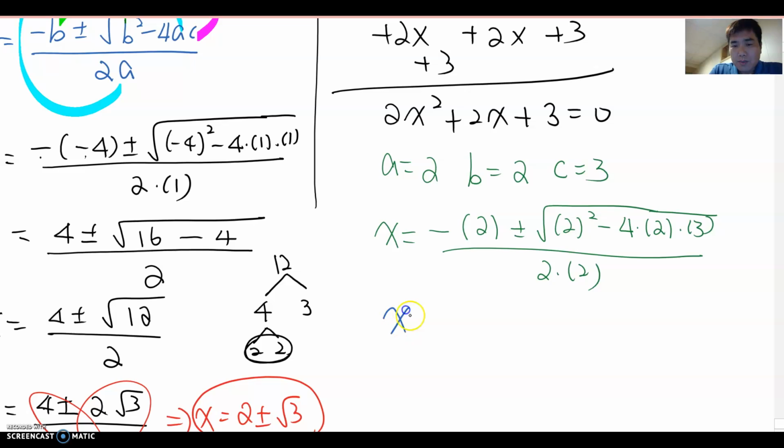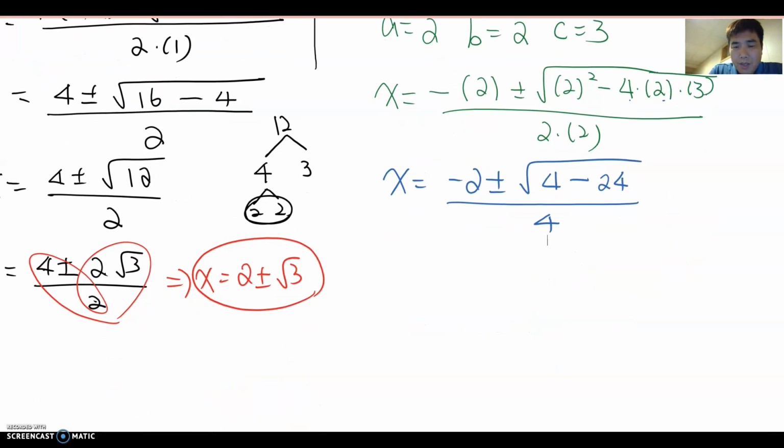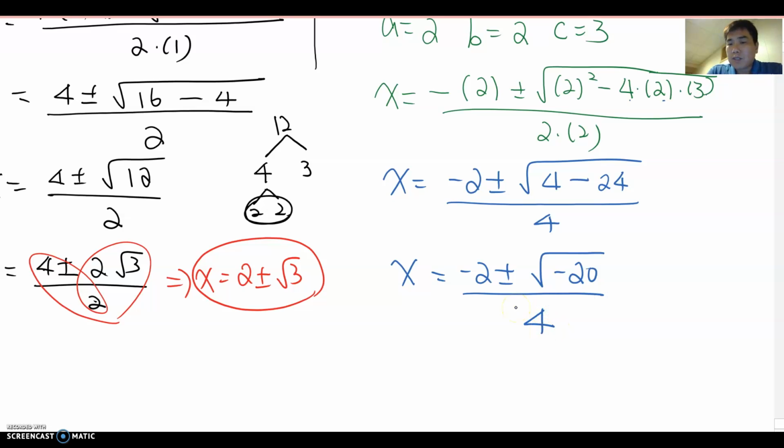Therefore, this becomes negative 2 plus and minus the square root of 4 minus 4 times 2 times 3, which is 24, over 4. So x equals negative 2 plus and minus the square root of negative 20, over 4. So far that's the answer.